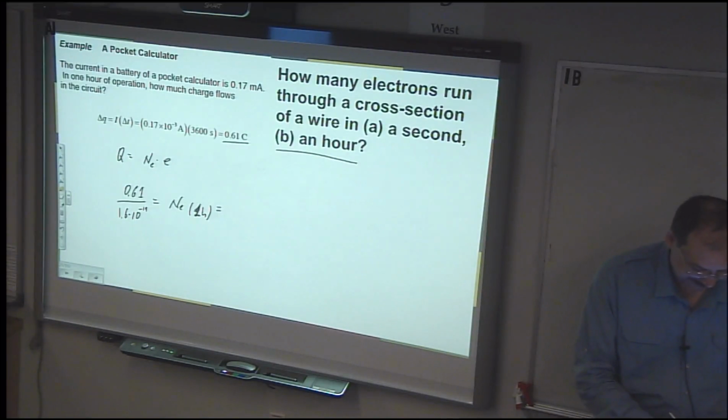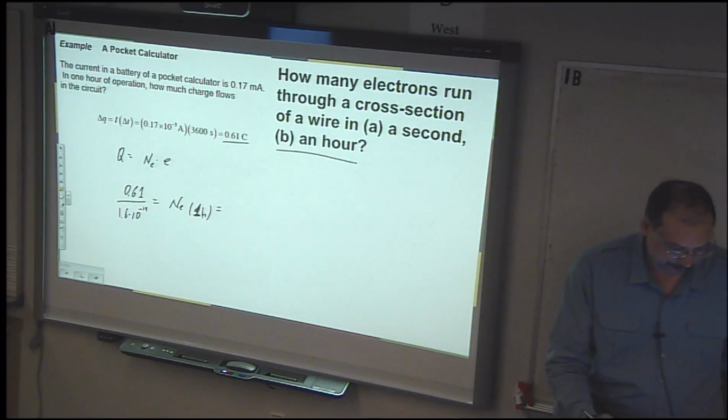We have different options. For example, I know how much charge travels in a second. Why? Because that's what the current is, the amount of charge traveling per second.